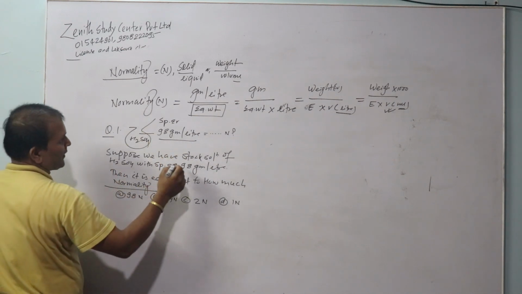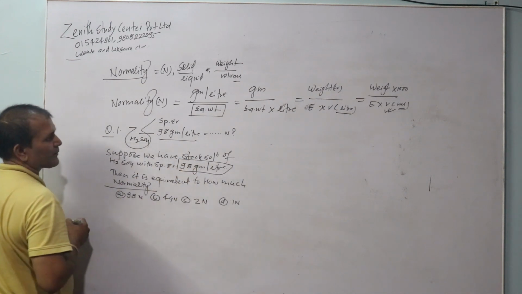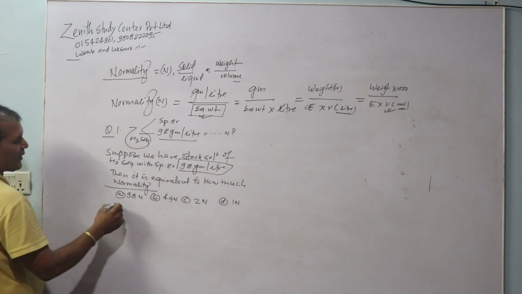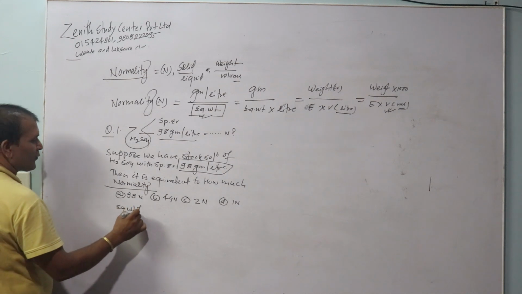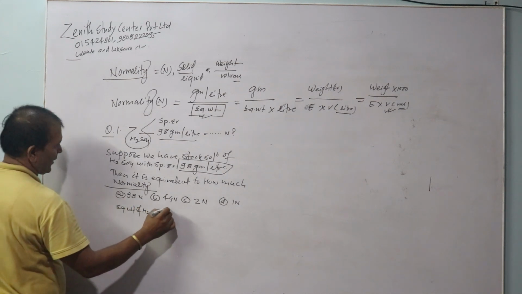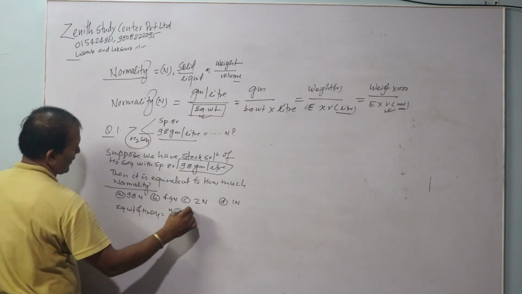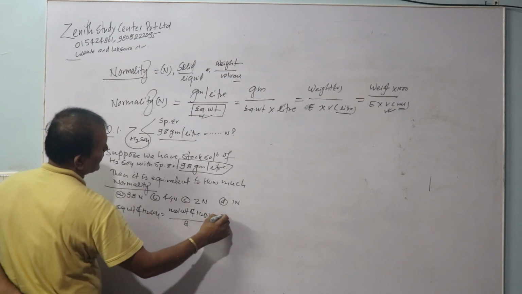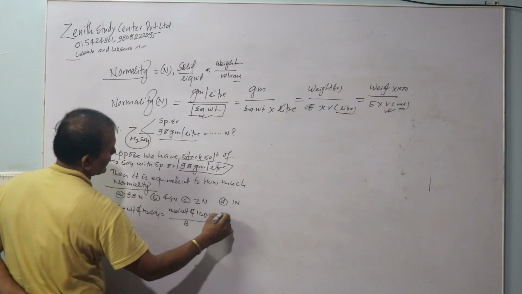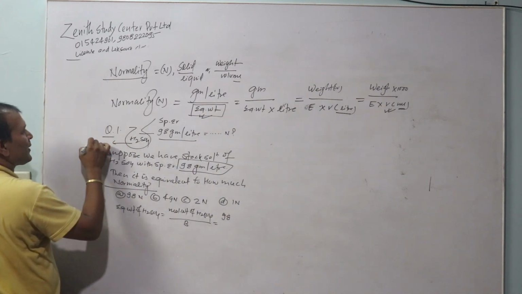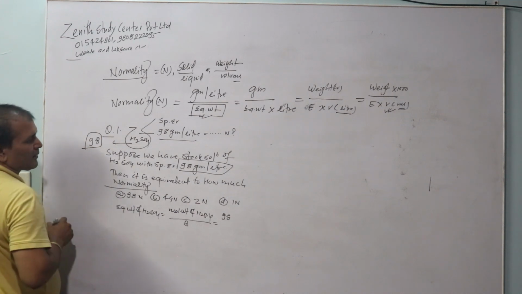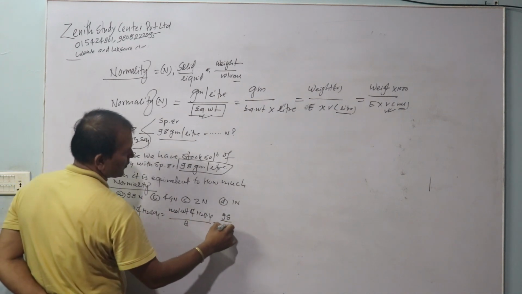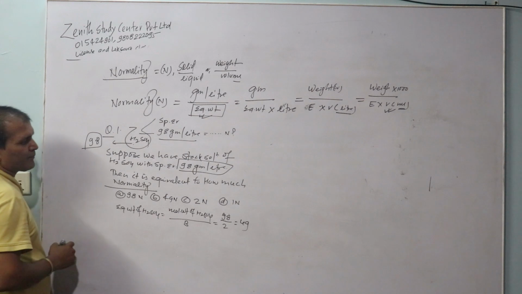The question gives 98 gram per liter, and you can calculate the equivalent weight. The equivalent weight of H2SO4 is molecular weight by basicity. The molecular weight of H2SO4 is 98, calculated previously. So 98 by basicity, the number of hydrogens, 2, means 49.